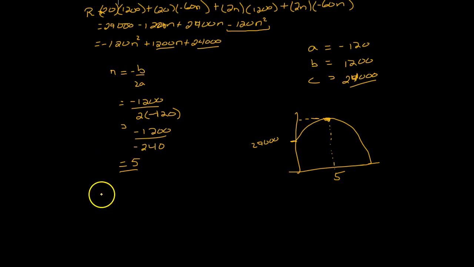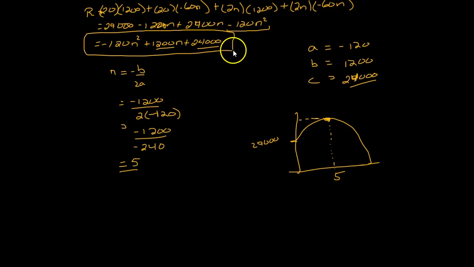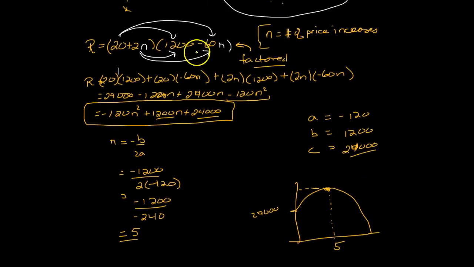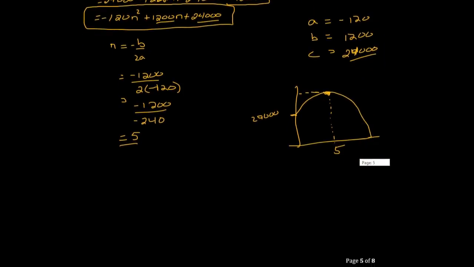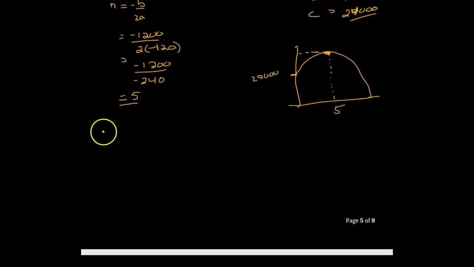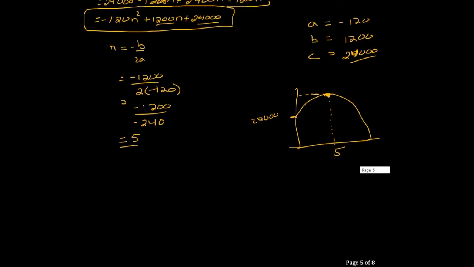So there's two versions of the formula you could use. You could use it when it's in standard form or factored form. And factored form was here. Both will give you the maximum revenue. And just to show you that, I'll write out both forms.